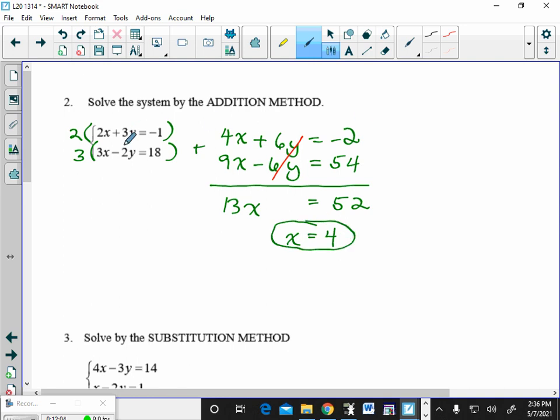Now I can go into either one of these equations to solve for y, as I said before. So let's just label this one 1 and this one 2.